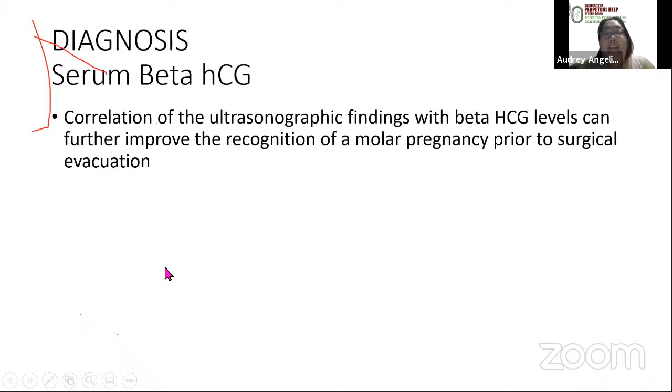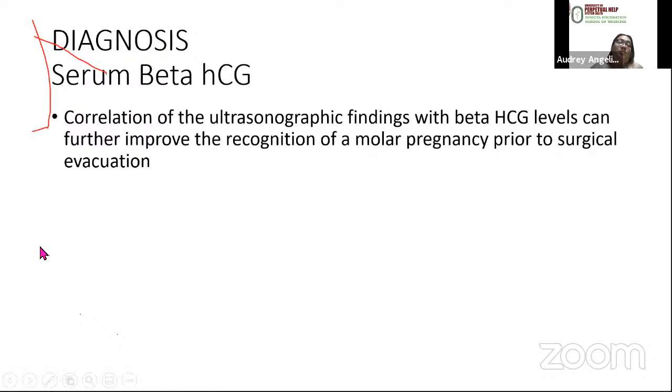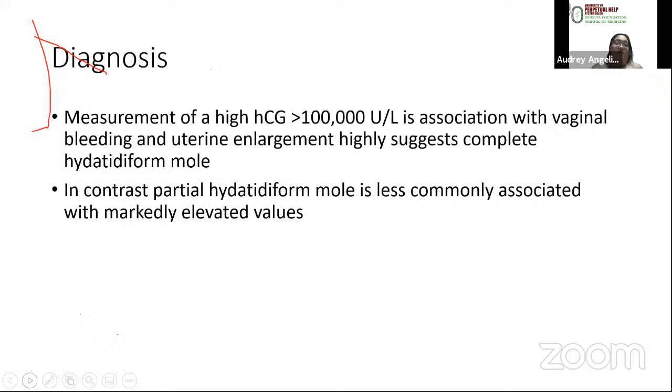Okay. As I've mentioned, serum beta hCG is an important marker. You have to correlate it with your ultrasonographic findings. This can further improve the recognition of a molar pregnancy prior to surgical evaluation.